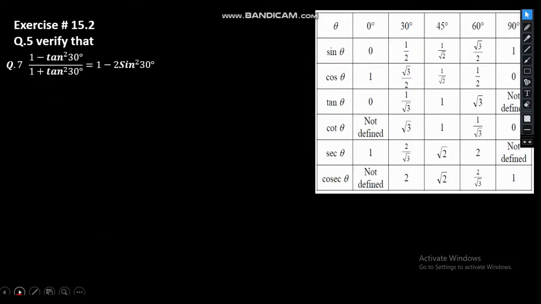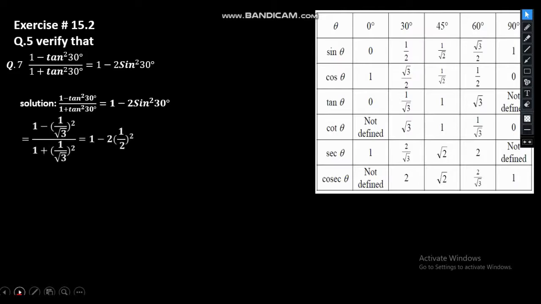Now next question, question number 7. Here 1 minus tan square 30 degree over 1 plus tan square 30 degree is equal to 1 minus 2 sin square 30 degree.